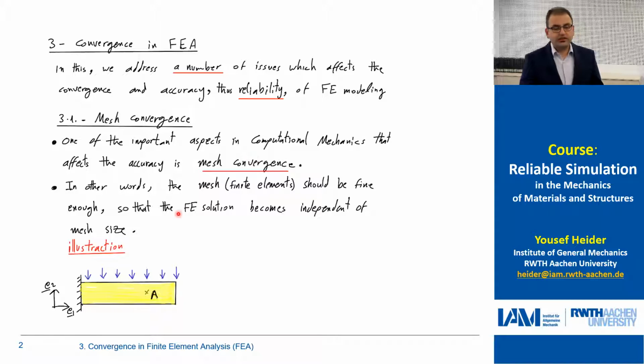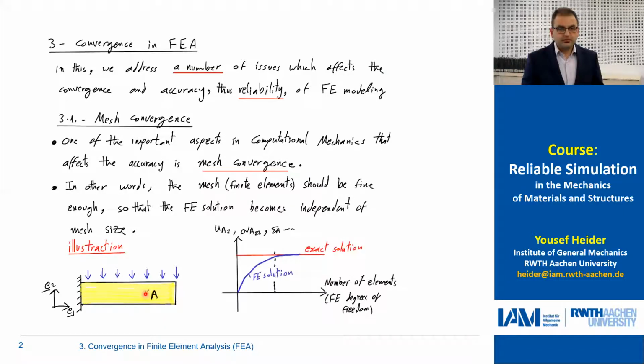Let's look at this example. We have here a beam which is clamped from one side and loaded by a distributed load at the top of it. And we look at the different responses at point A in this structure. The response at point A could be the displacement, the stress, or the strain.